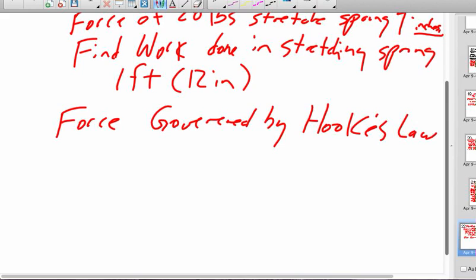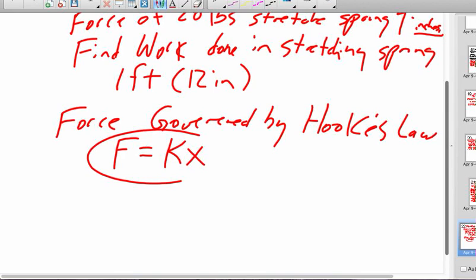And all Hooke's law said is that the force is directly proportional to some constant, this is your spring constant, times the distance that you've either stretched or compressed it. So there's our force. All right?